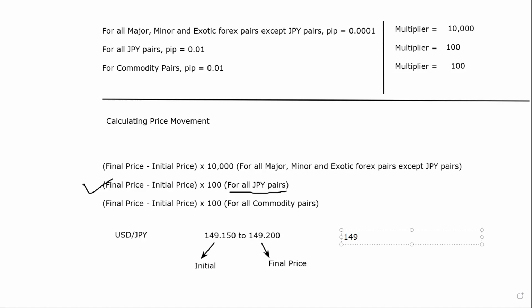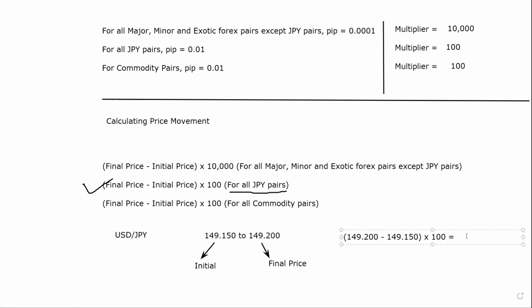149.200 is the final price. We will deduct from it 149.150. And then we're going to multiply it by 100. Let me calculate: 149.200 minus 149.150, multiply by 100.